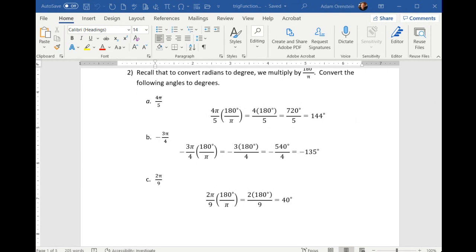You're left with negative 3 times 180 degrees over 4. What's 3 times 180 degrees? That's 540 degrees. So we have negative 540 degrees over 4, which is negative 135 degrees.